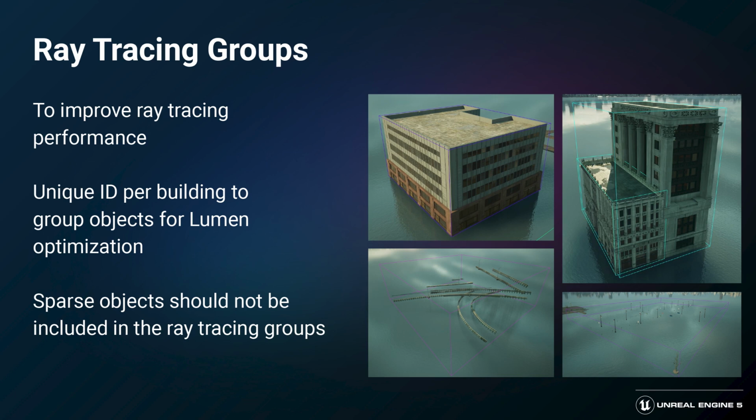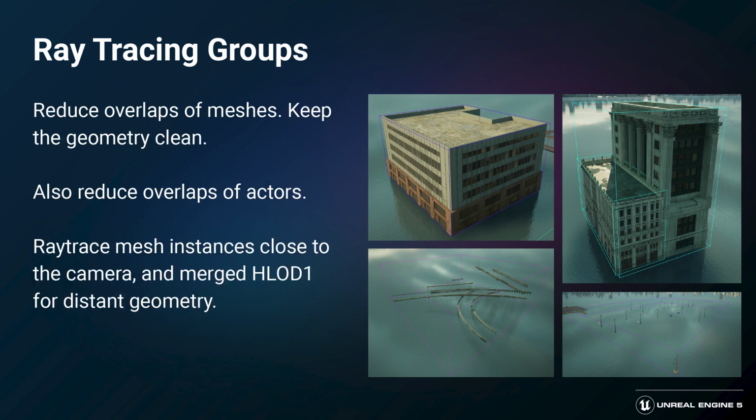To improve ray tracing performance, we set up ray tracing groups per building. This helped optimize the Lumen surface cache and allows all the pieces of a building to be called together. When setting up the groups, avoid including sparse objects. The goal of the group is to group objects that are close together. To further improve ray tracing performance, we made sure there was very little overlap of meshes.